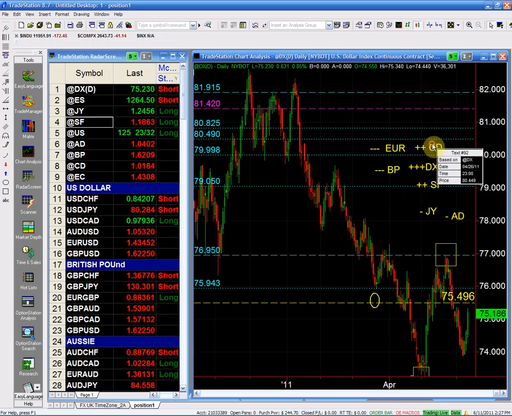I might be looking at selling the pound Swiss and the euro Swiss. And of course I might be looking at going short the euro yen and the pound yen. So these are now going to be the selection.